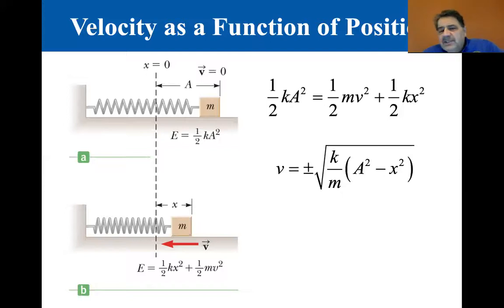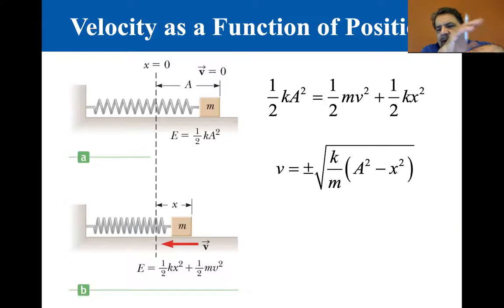And we'll see this in the following lecture section. But the point is that you can determine the velocity at any point by knowing the x position, because it's an exchange of spring potential energy and kinetic energy.